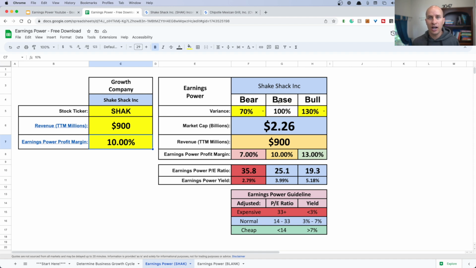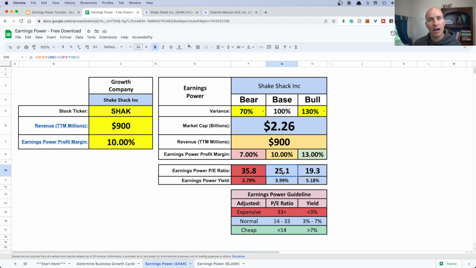Now, if you look in the middle here, our base case for Shake Shack, with a market cap of $2.2 billion today, generating $900 million in revenue, is that it could generate, if it wanted to, a 10% profit margin today. Under that scenario, Shake Shack is currently trading at about 25 times its theoretical earnings.